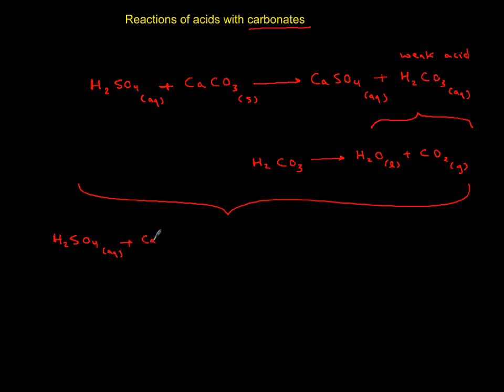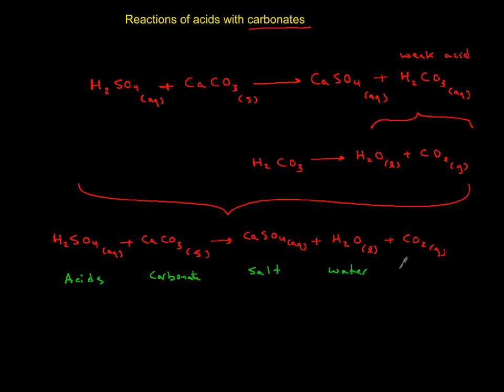So overall, the reaction is usually written like this, and you have to be able to write it. I'm taking the same reaction, calcium carbonate, and I'm going to give you calcium sulfate as is, but instead of writing carbonic acid, I'm going to give you water and carbon dioxide, CO2 gas. So then again, acids plus carbonate will give you salt, will produce water, will produce carbon dioxide gas.